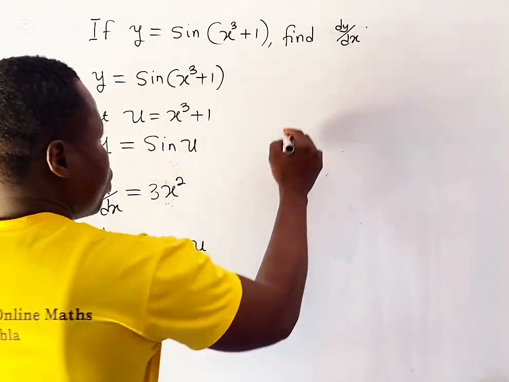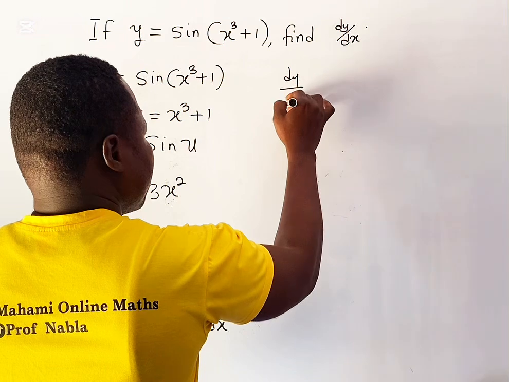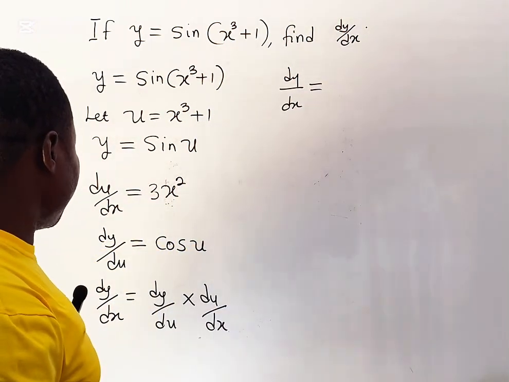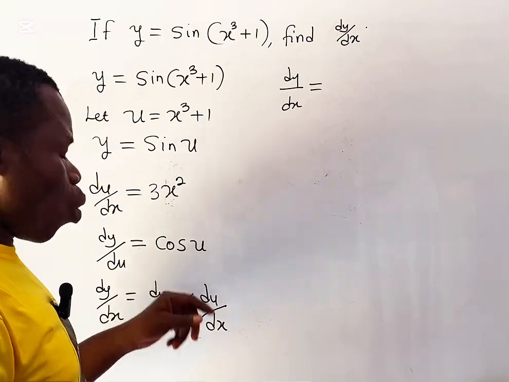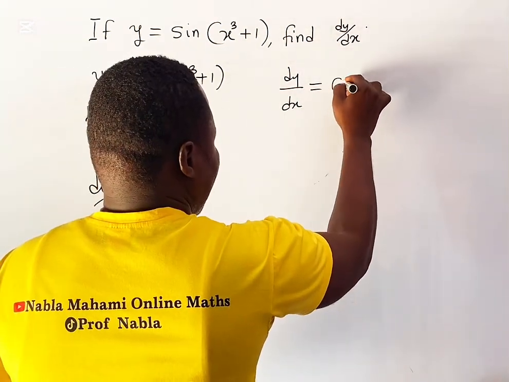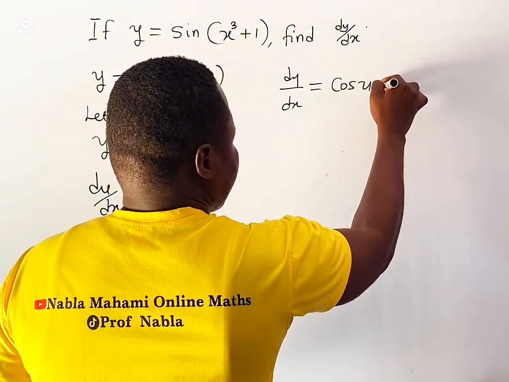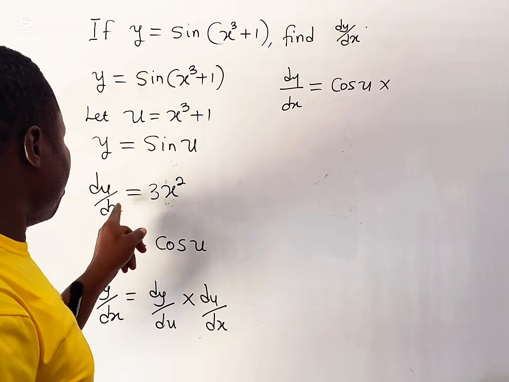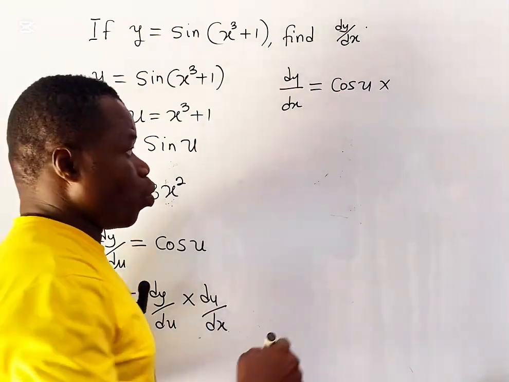And to continue, I'll have my dy dx to be equal to dy du. What is dy du? dy du is cos u. So I'll have my cos u times du dx. And du dx is 3x squared.